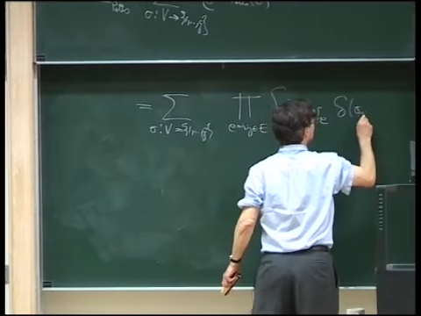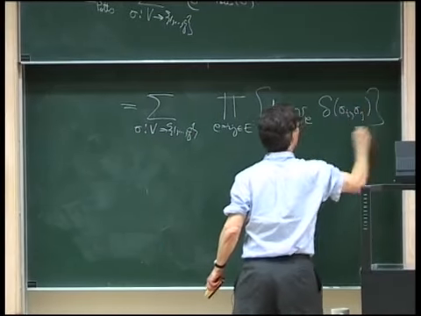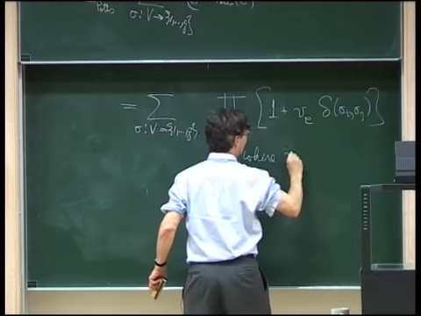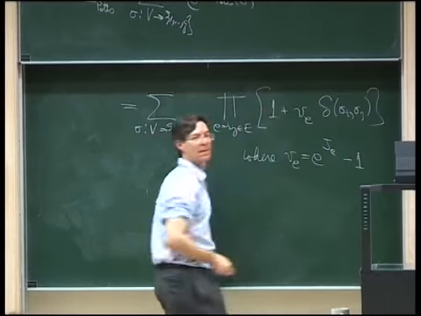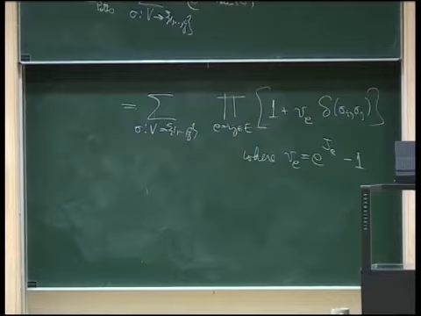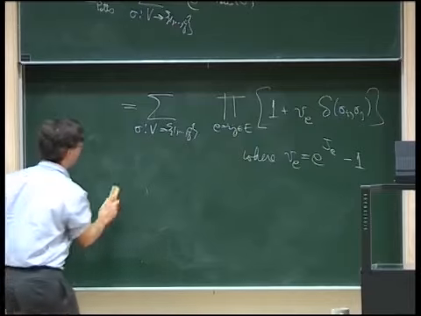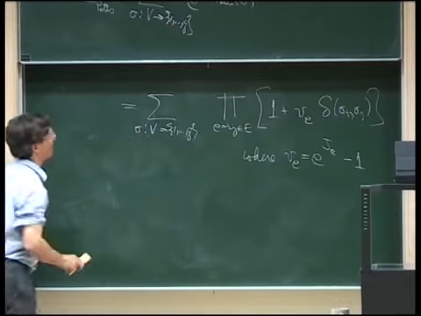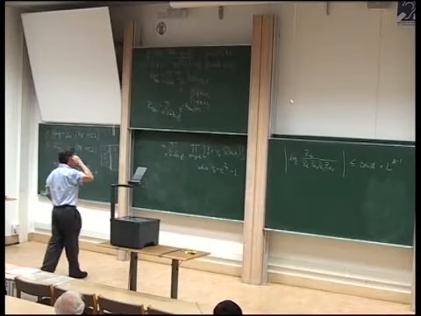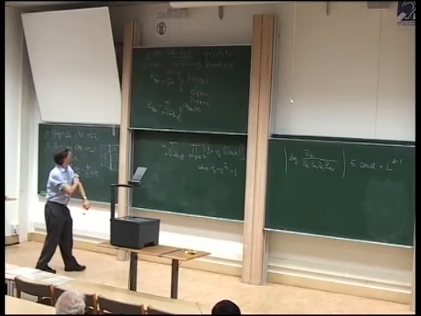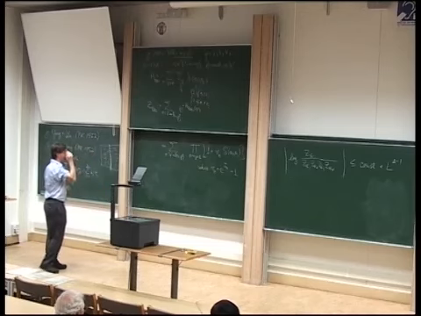So 1 plus v_e delta sigma_i sigma_j, where v_e is e to the J_e minus 1. That's another, combinatorially simpler way, because there are no exponentials, of writing the Potts model partition function.